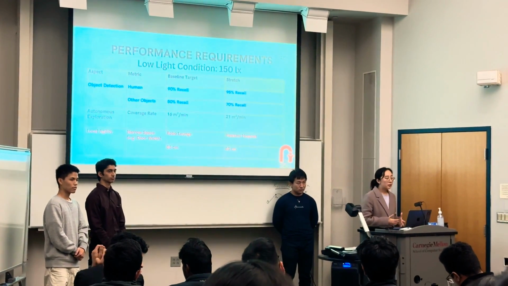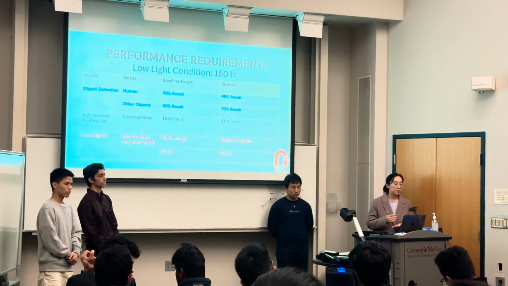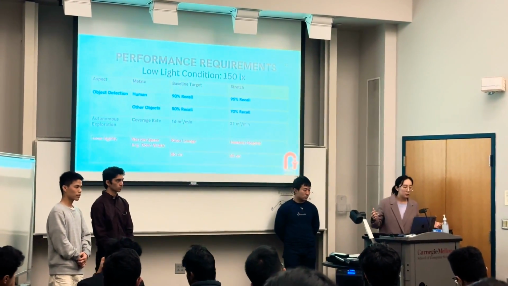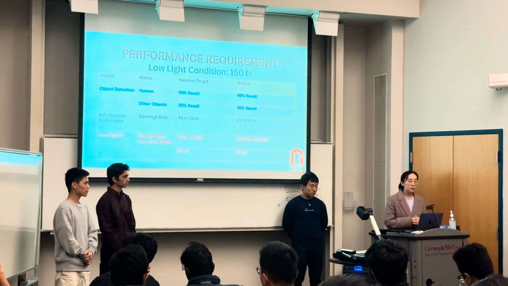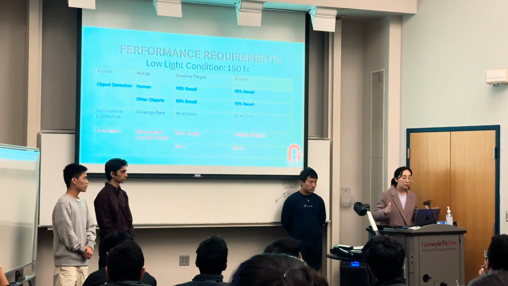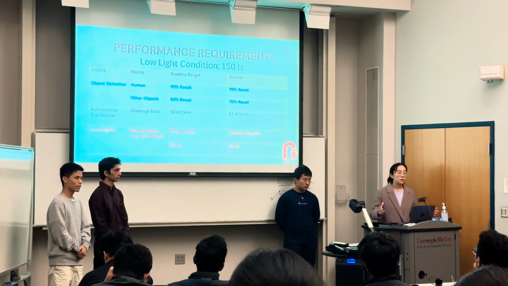Our baseline target would be to navigate and pass through wider doors, such as the ones in RoboLounge, which is 86 centimeters wide. And for our stretch goal, we aim to handle narrow doors that are just 65 centimeters wide.